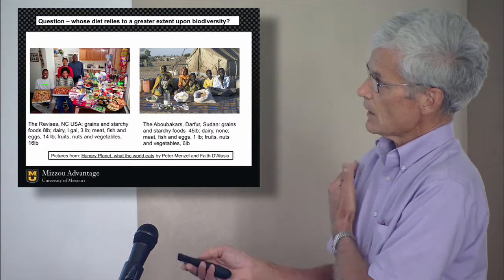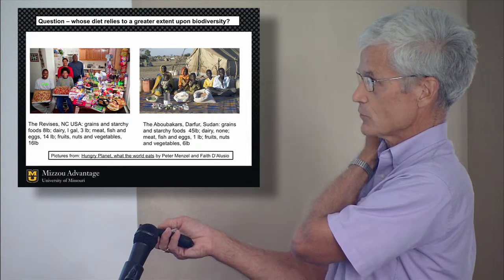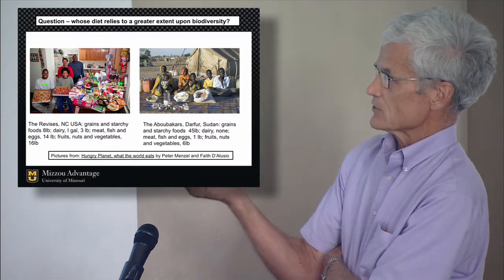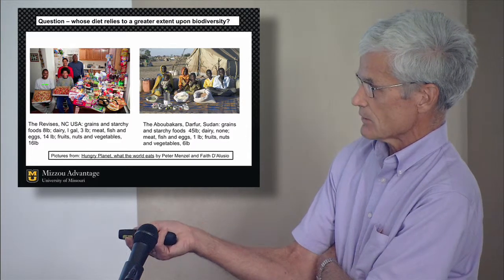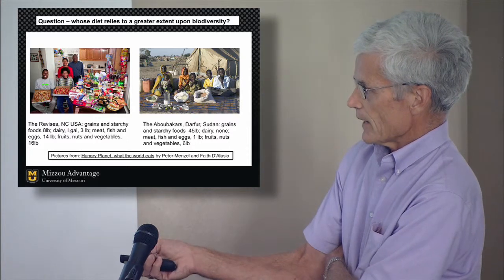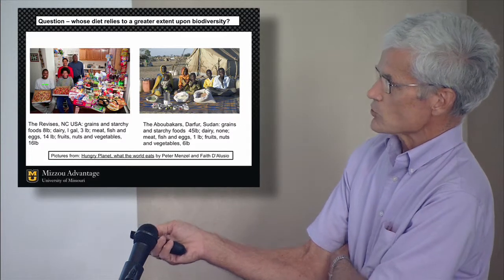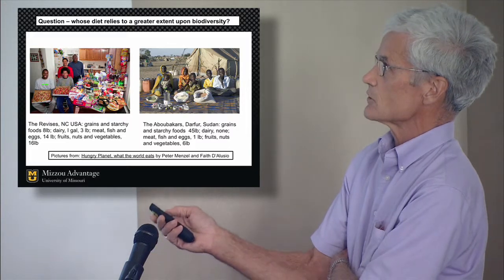And one other question, coming back to a slide shown earlier about food systems and the amount of food available to us, that I'd like to raise in the discussion: whose diet, between the Revises who live in North Carolina with this diet, or the Abukapars in Darfur, Sudan with this diet, which of these two diets do you think relies to a greater extent upon preservation of biodiversity? We can discuss that in the discussion. So thank you.